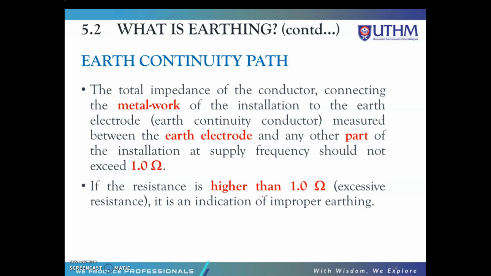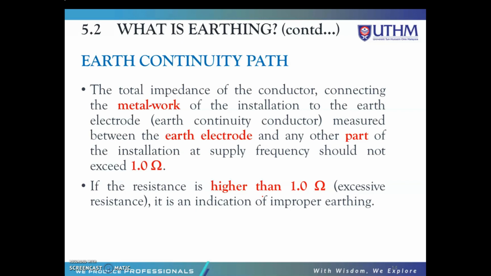Okay. And then we have the earth continuity path. The total impedance Z of the conductor connecting the metalwork of the installation to the earth electrode, earth continuity conductor, measured between the earth electrode and any other part of the installation at supply frequency should not exceed 1 ohm. So if the resistance is higher than 1 ohm, it means that there is excessive resistance, and this indicates improper earthing.